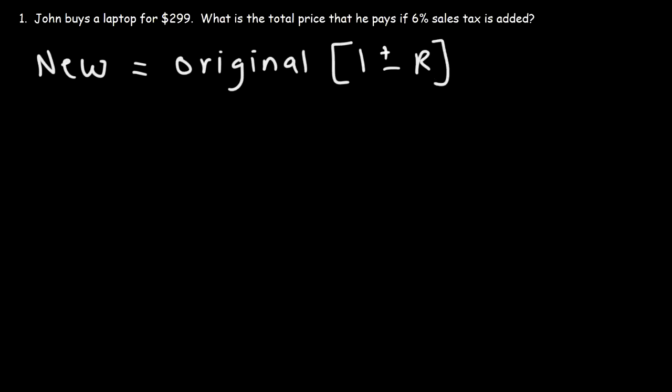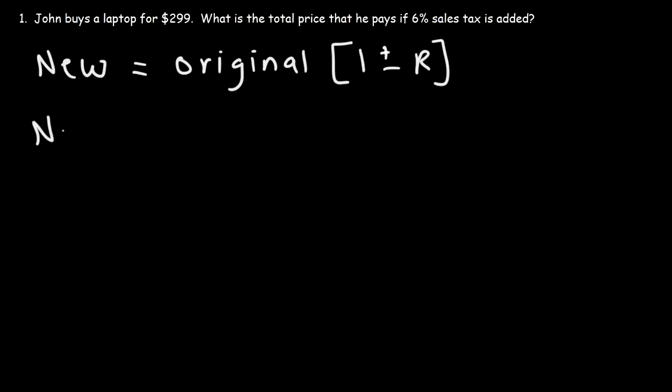Now r would be the percentage. When dealing with sales tax, r is positive because you're going to pay more than the original price. But when dealing with discounts, you're going to use the minus symbol instead of the plus symbol, because the new price will be less than the original price if you have a percent discount.